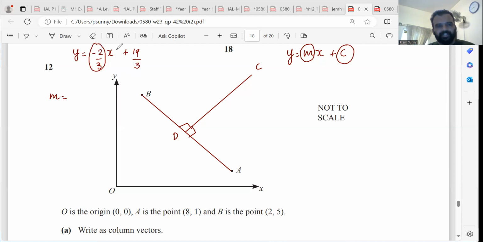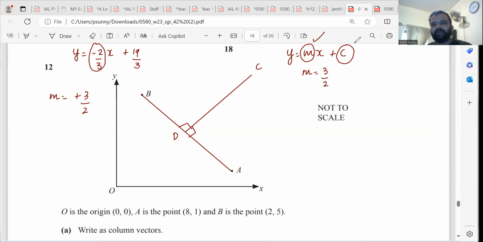Whatever the sign, you change the sign. If it is negative, it becomes positive. Reciprocal means you flip the fraction. 2 by 3 will become 3 by 2. So now I got the gradient m as 3 by 2.